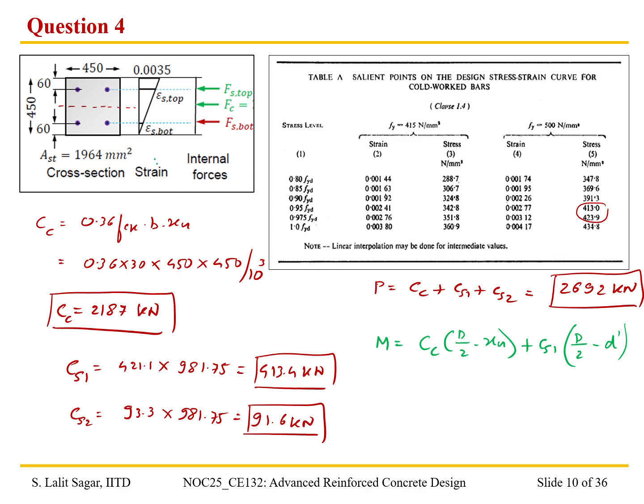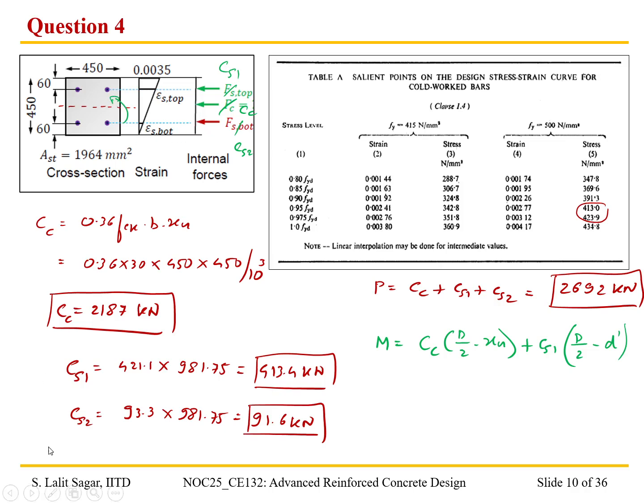And we need to subtract because both of these forces, Cc and Cs1, contribute to the positive moment. So here it is Cc, this is Cs1, and this is Cs2. Both of them are contributing in the anti-clockwise direction if we take moment about the mid height, but this one contributes in the clockwise direction.